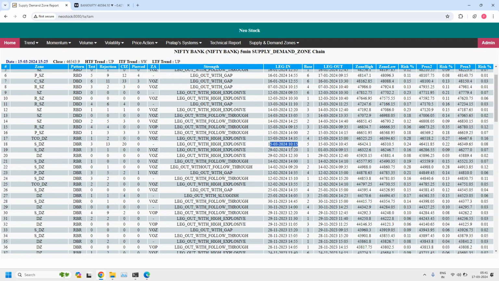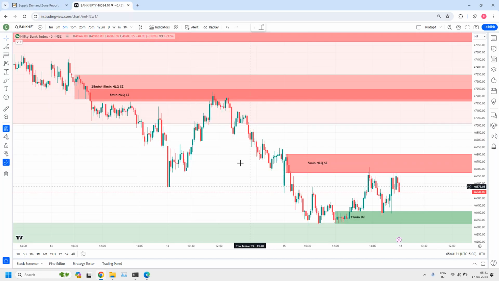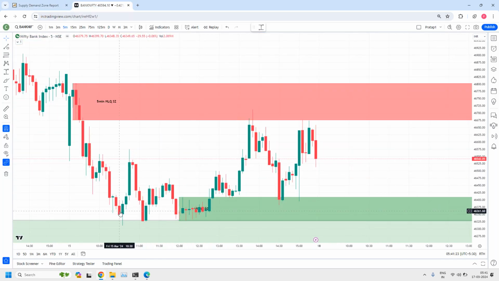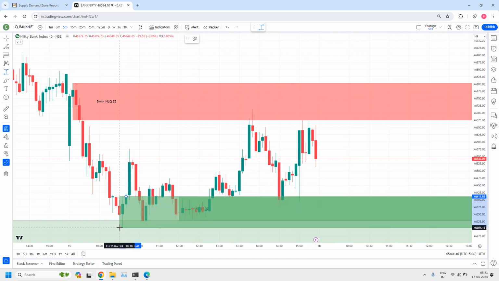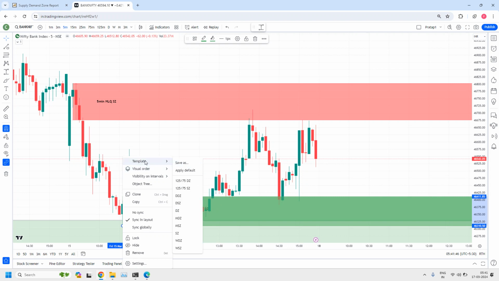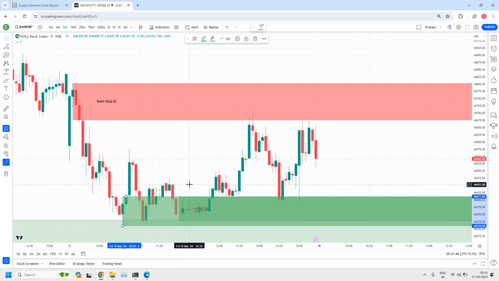Fifteen, 3, 10, 15. Yeah. We have a drop, 1, 2, 3, 4, 5 base candles. And this is the demand zone. 5 minutes demand zone.